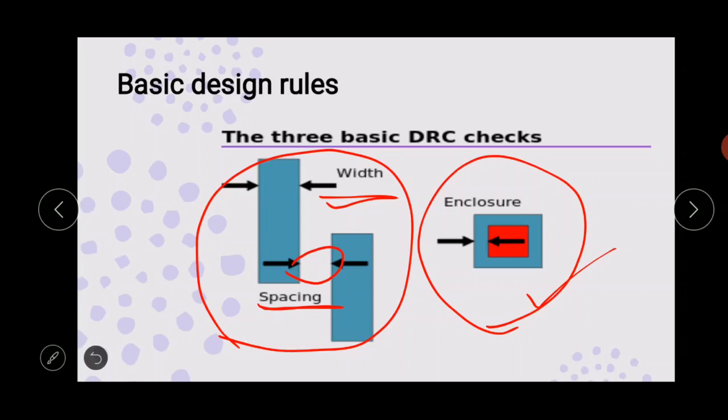So, it is observed that layout design rules significantly increase the probability of fabricating a successful product.